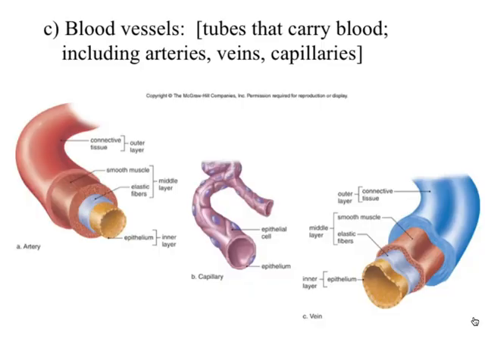With these three different types of generalized blood vessels, we'll see that arteries have characteristics that help them withstand the pressure of the heartbeat because they are carrying the blood away from the heart and are under higher pressure.